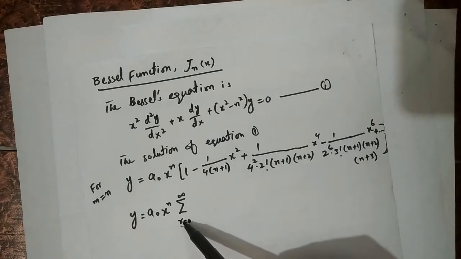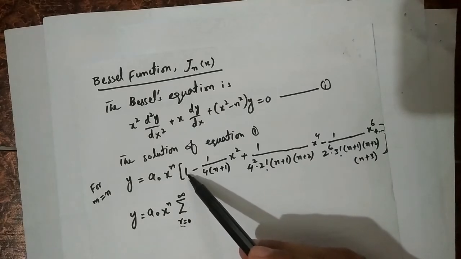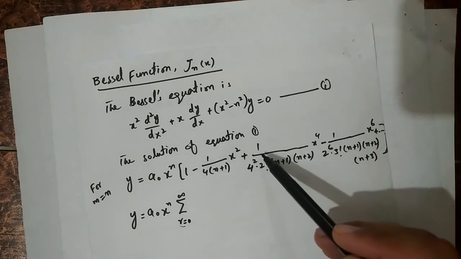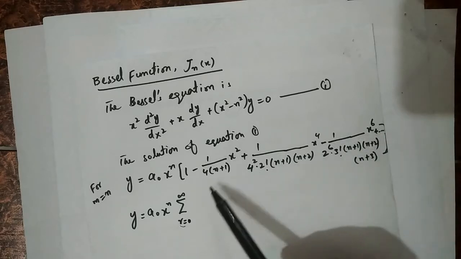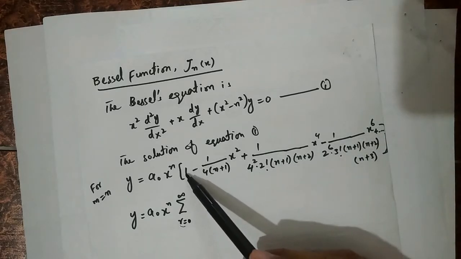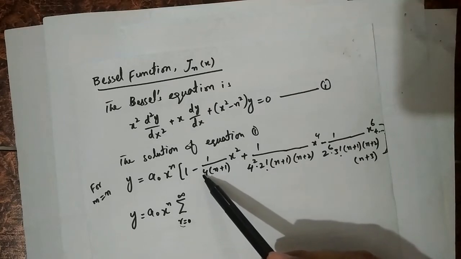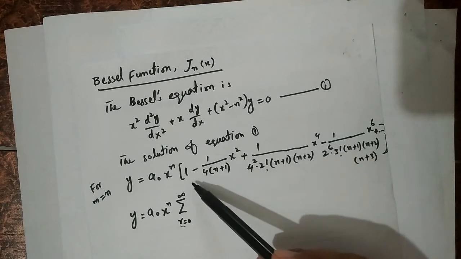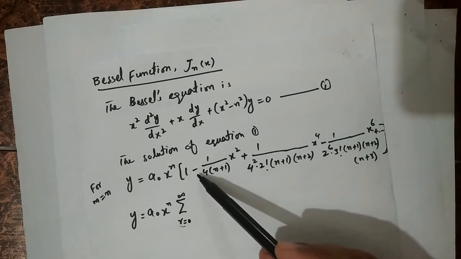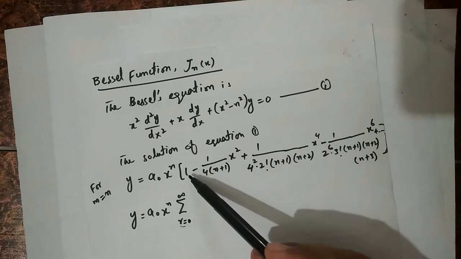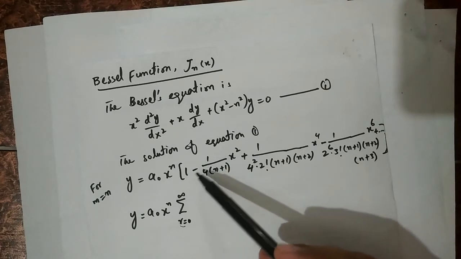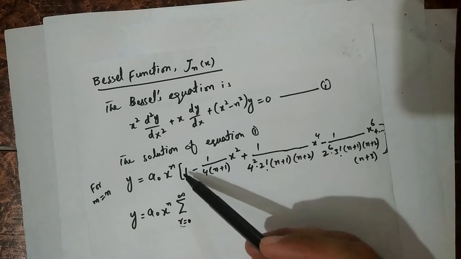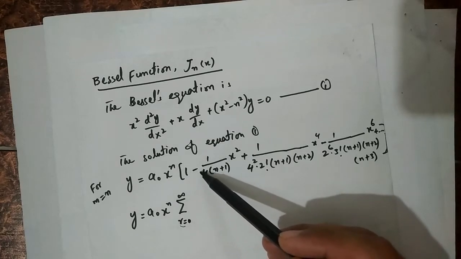So when we apply r equals to 0, we should get 1. For r equals to 1, we should get this term, and for r equals to 2, we should get this term, and so on. And also note that here the first term is positive, the next is negative, then positive, then negative, and so on. So first we should write the sign term, which for the first value should come to be positive, and the next value should come to be negative.